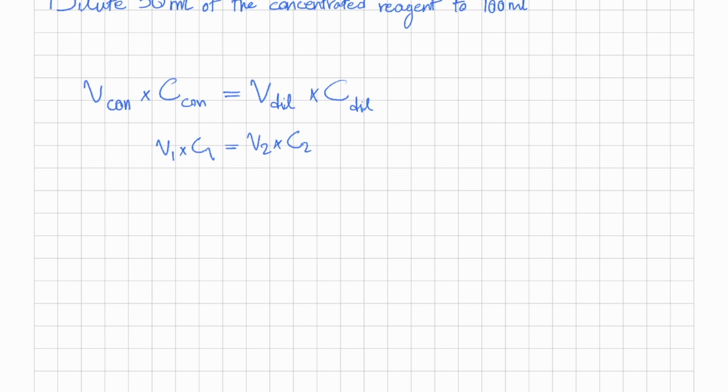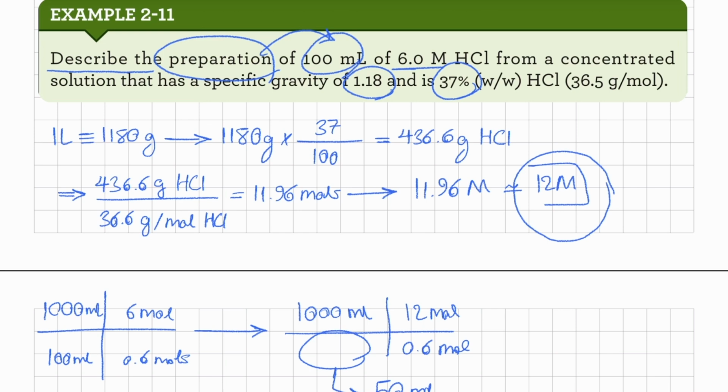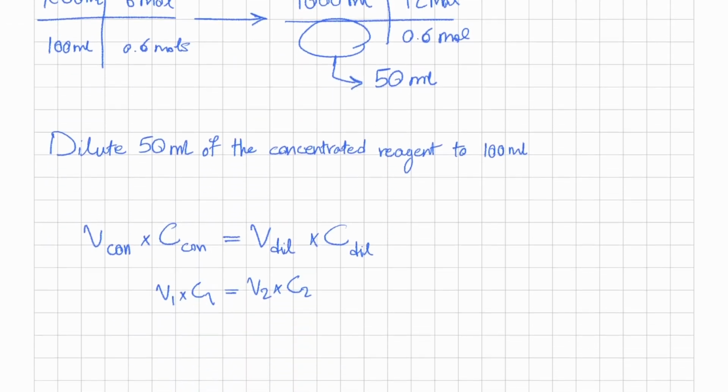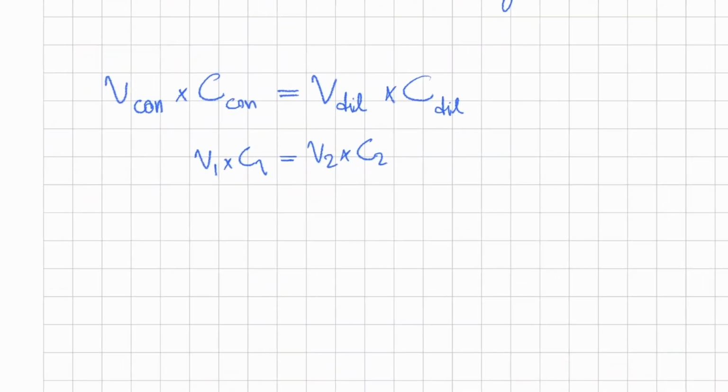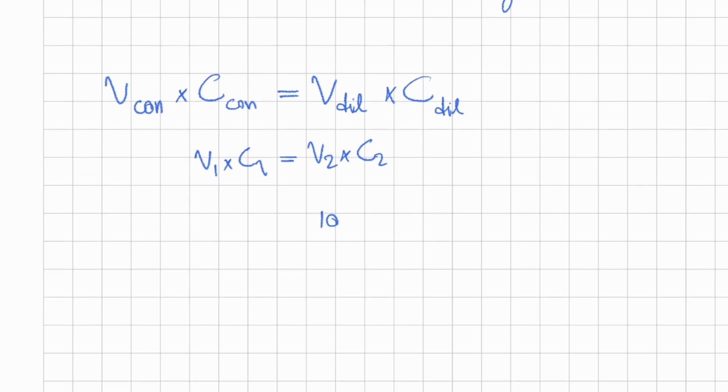But let's check it together. Let's put the numbers in this equation. You can see here we want to prepare a solution, and the volume is 100 milliliters. The concentration is 6 molar. So the dilute solution is 100 milliliters times 6 molar.